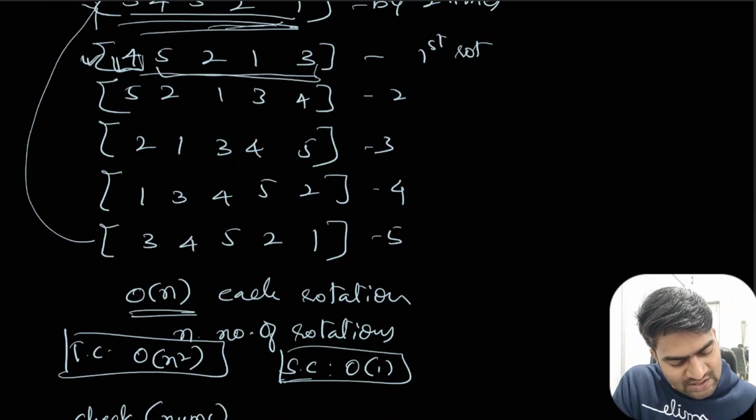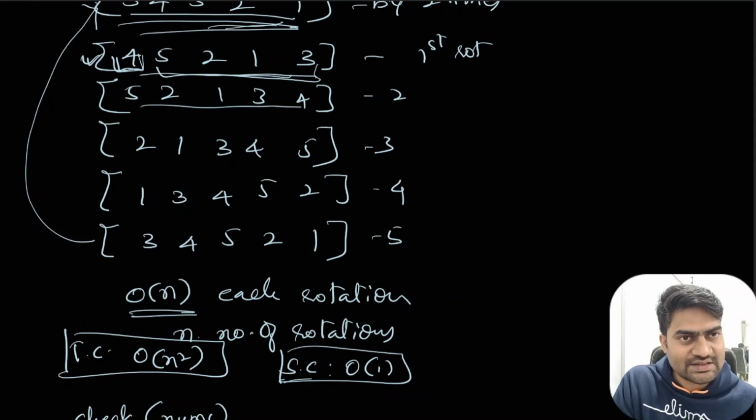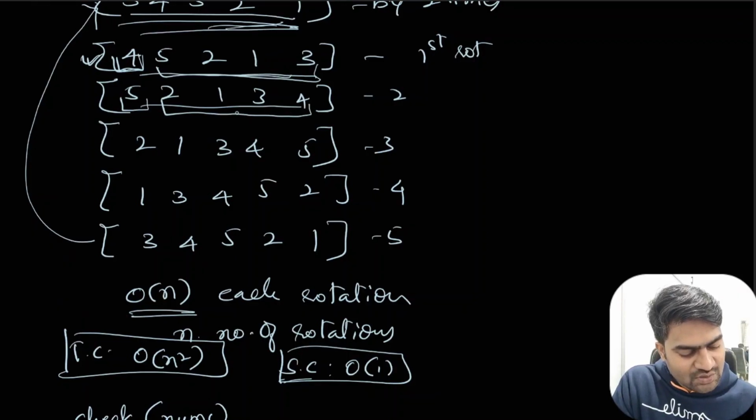Then I will concatenate this array and this array. That way we will get this part. Then in the next iteration, I will slice this much and slice this much, then concatenate this array, then this array. Then we get this particular rotation. So in JavaScript, we can do it that way.